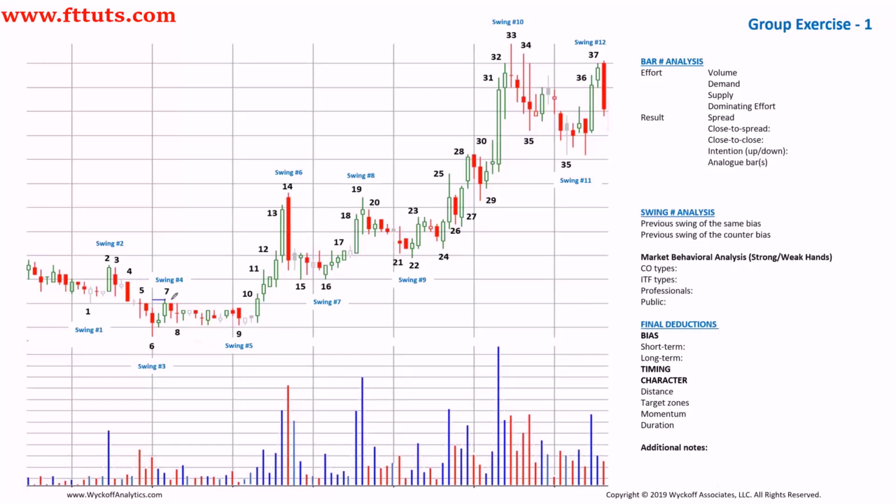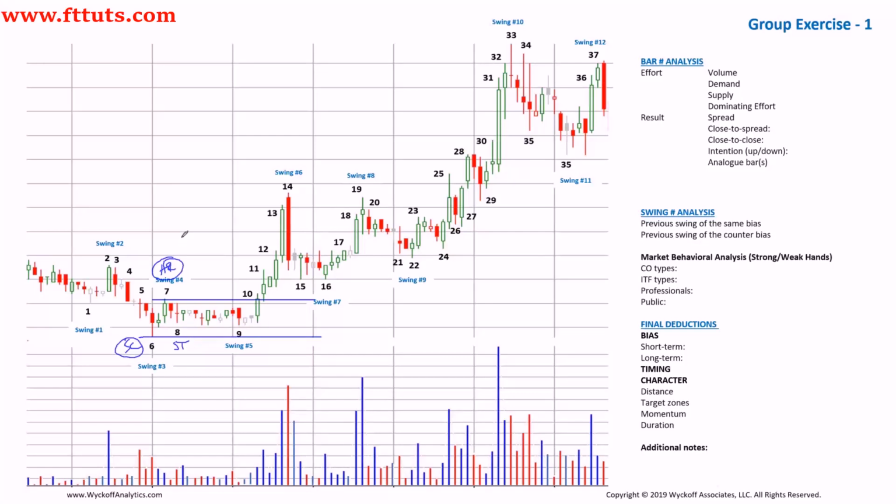Well, Rick, now that we know that we're going to be in the consolidating environment, and 6 was defined as a selling climax, 7 as an automatic rally, 8 is defined as? That'd be a secondary test.